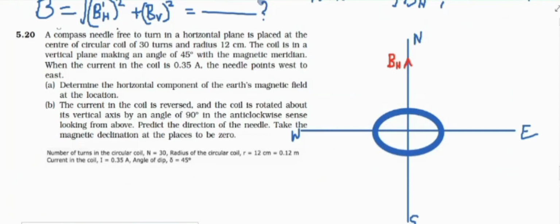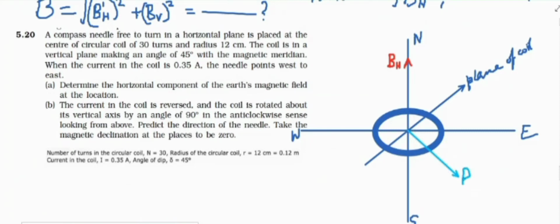Now the plane of the coil makes an angle of 45 degrees like this. This is the plane of the coil. So we can see the magnetic field of the coil from the center acting like this, normally outward.